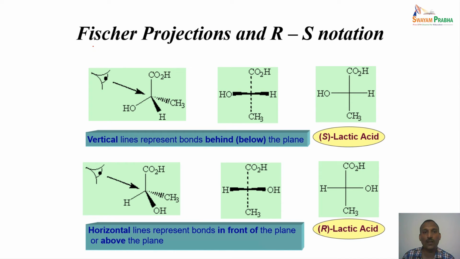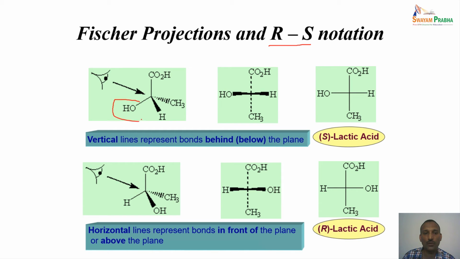Now we can compare Fischer projections with R and S notation, because R and S notation is the most accepted one in organic chemistry, whereas Fischer projections are even now the most prevalent one in the field of carbohydrate chemistry. So we are taking a simple example, lactic acid.